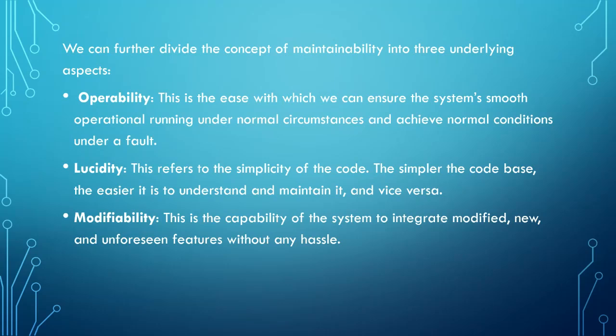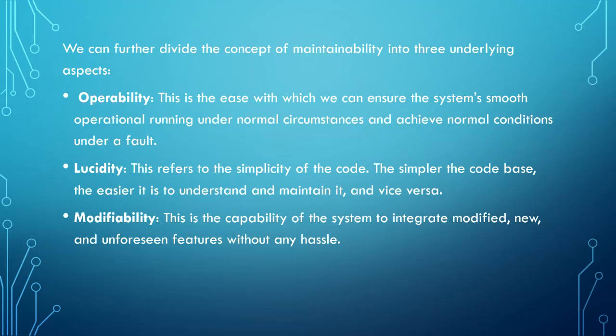So this is operability. Lucidity is how easy the code is to read and maintain. The code should be simple, so that we'll be able to maintain it, fix bugs, and bring in new features. So that is lucidity. Modifiability is the capability of the system to integrate new or unforeseen features without any hassle.